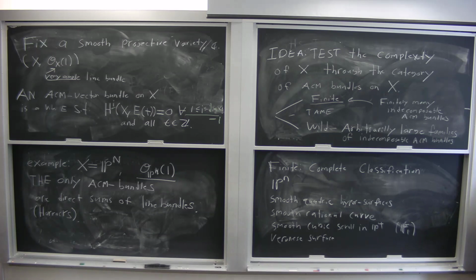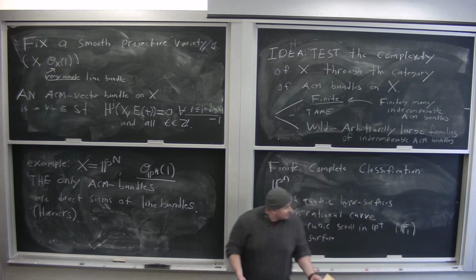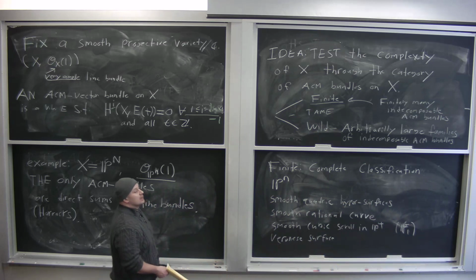Okay, maybe I'll even allow a reducible tree of rational curves. And then maybe there's a few sporadic others. The list is slightly longer. So there's again a classification here. And essentially everything else is wild.